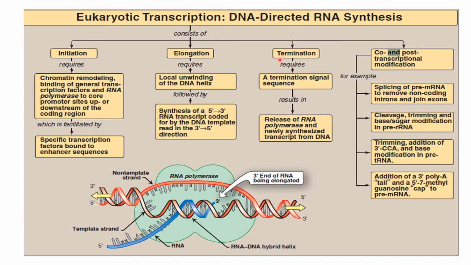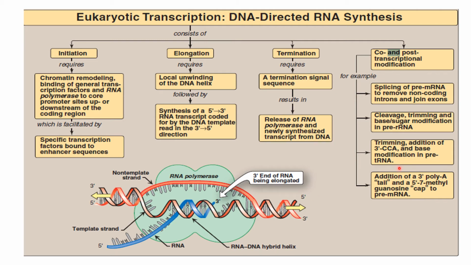In case of prokaryotes, termination may be rho dependent or may be rho independent. But in case of eukaryotes, the termination involves the termination sequence, and thus the separation of this RNA from the DNA takes place after reading of the termination sequence.